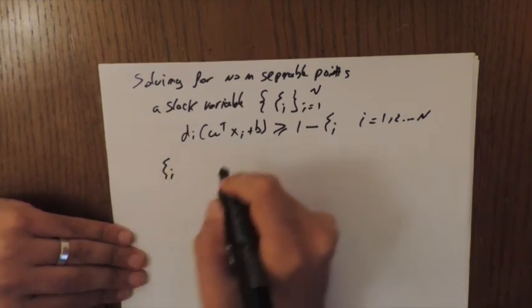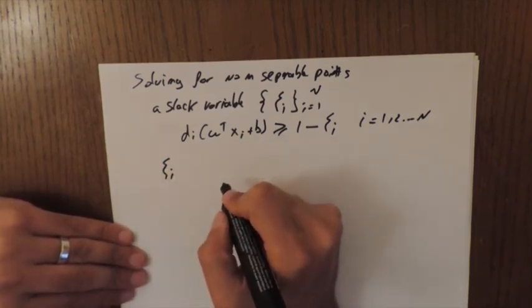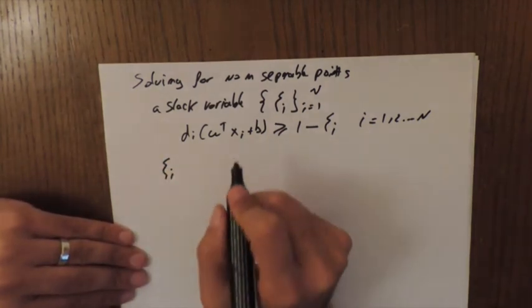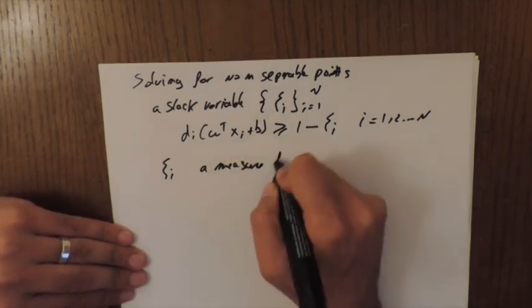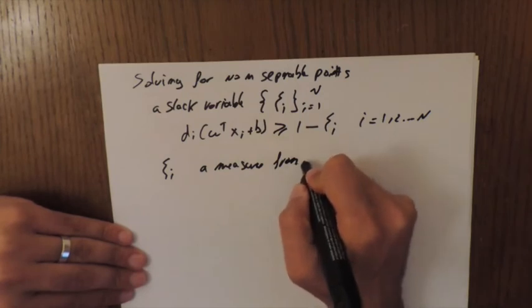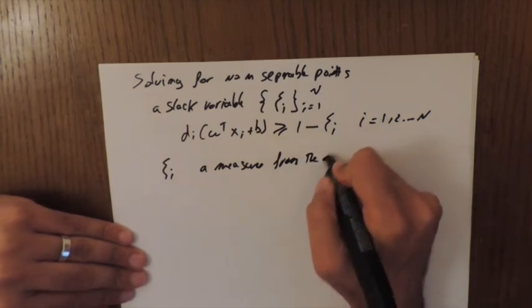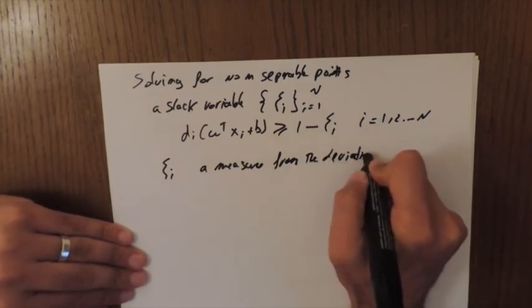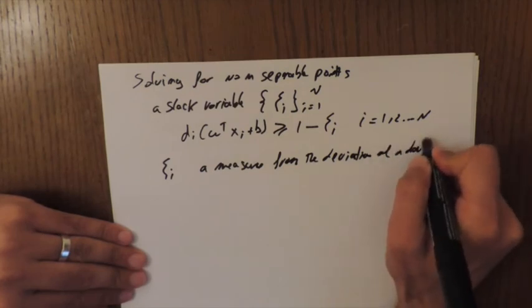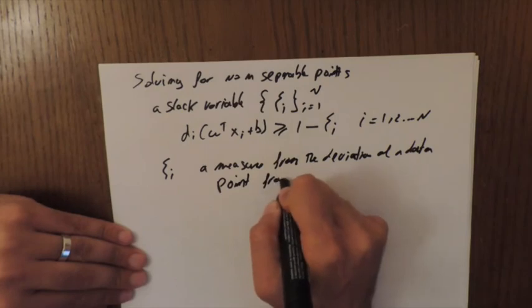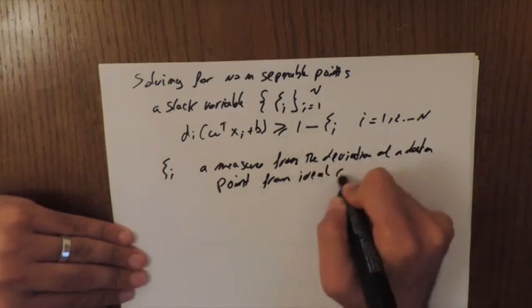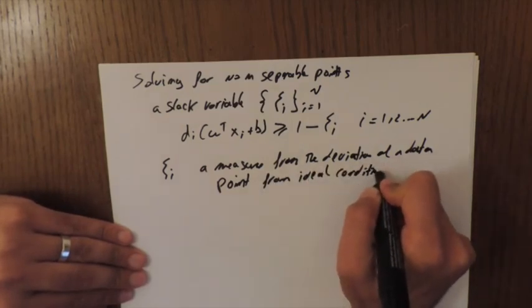So what do you mean by this? It is a measure of the deviation of a data point from the ideal condition. What do you mean by this?